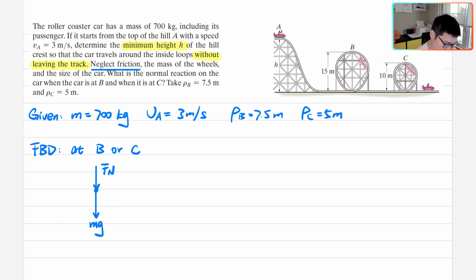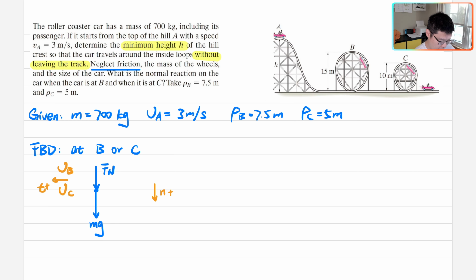For circular motion, we want an NT system. For the NT system, N would be pointing towards the center of curvature. So if we're looking at B or C, we will be looking toward the center. So naturally, I'm setting up my N direction positive pointing down and my T direction the same as my traveling direction, which is VB or VC.